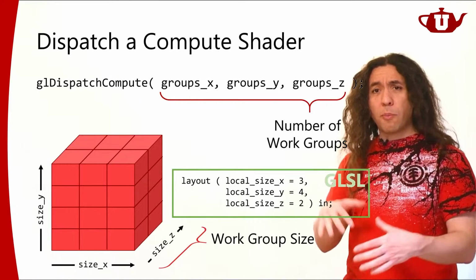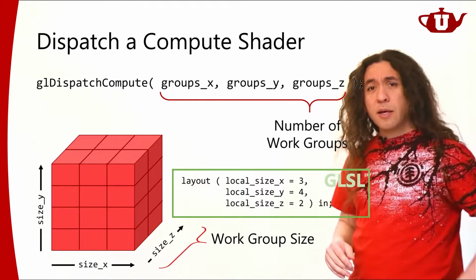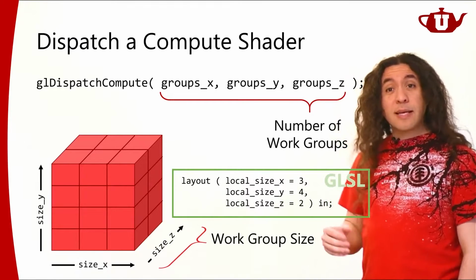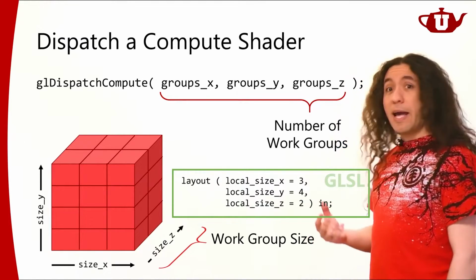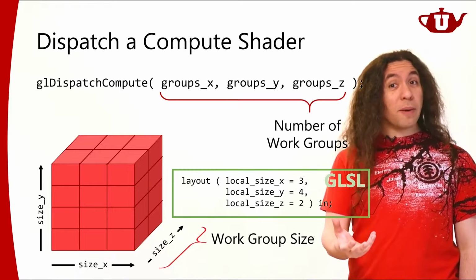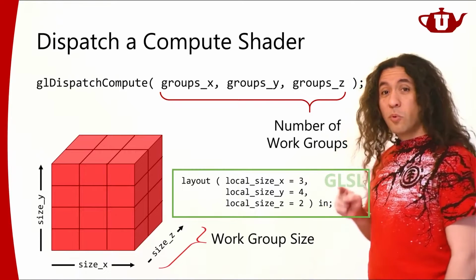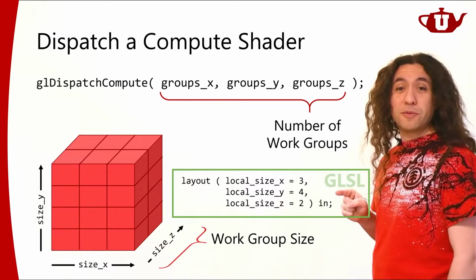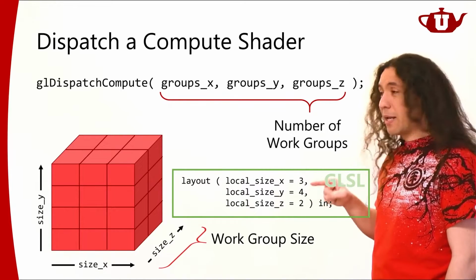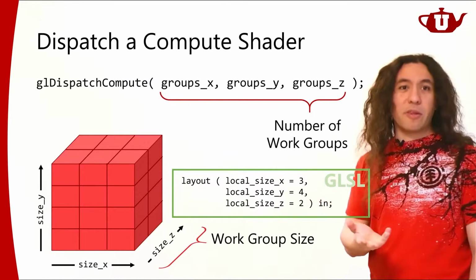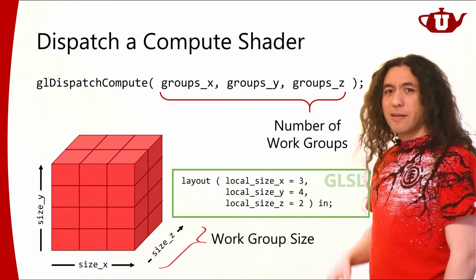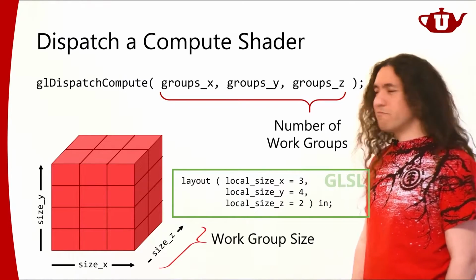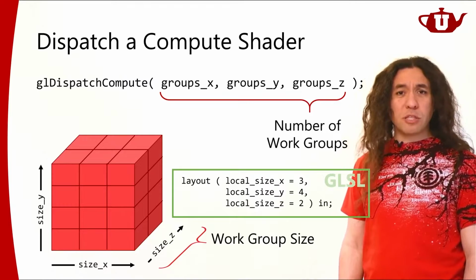These warps operate in SIMD groups together. So it makes sense that if I have, let's say, 32 threads in a warp, my work group size should be 32. When I multiply these three, I should get 32. Otherwise, I'm not fully utilizing all of my available cores on the GPU.